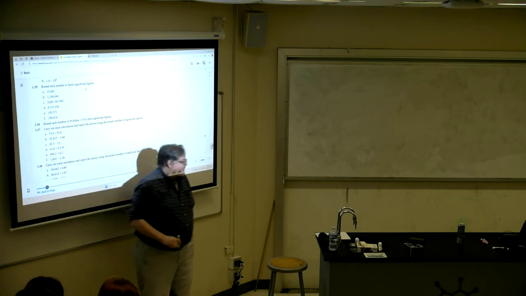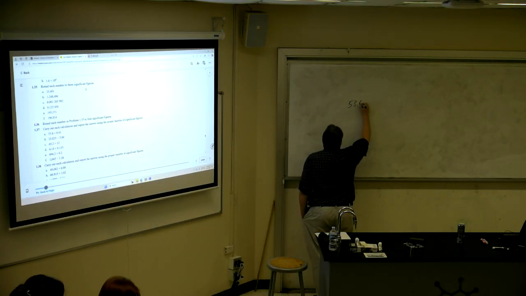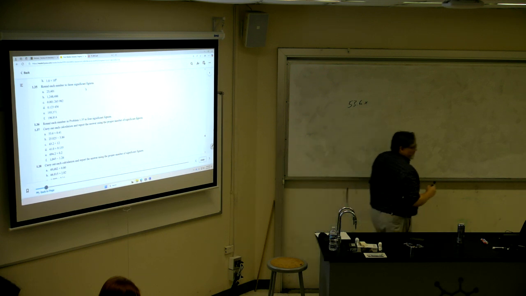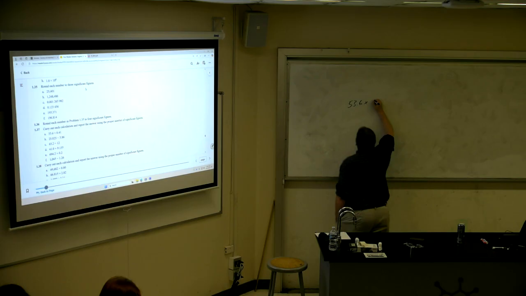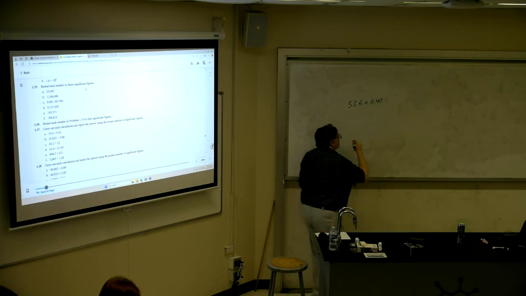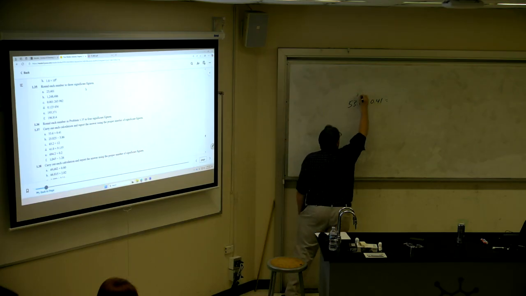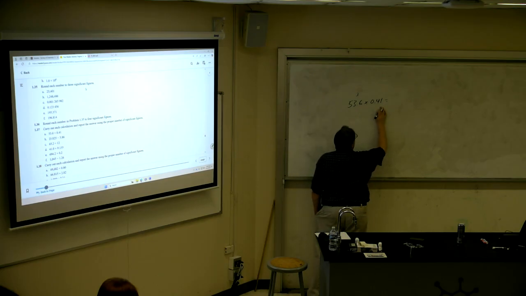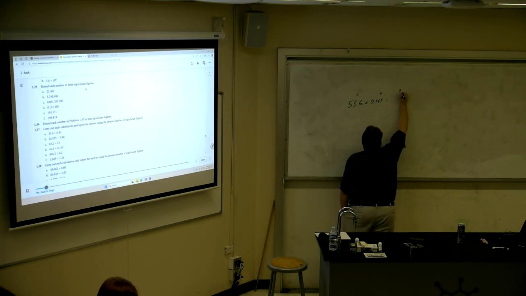So 53.6 times, so how many significant figures are here? That's 3. And how many here? 2. That's part of the leading zeros. So our answer needs to be the 2, the lowest number.